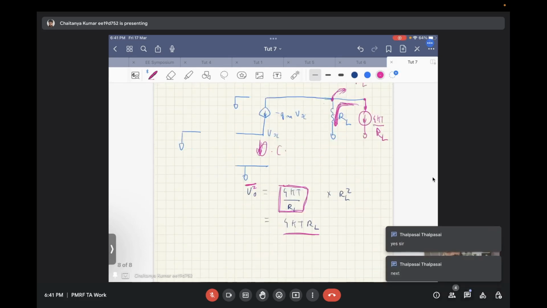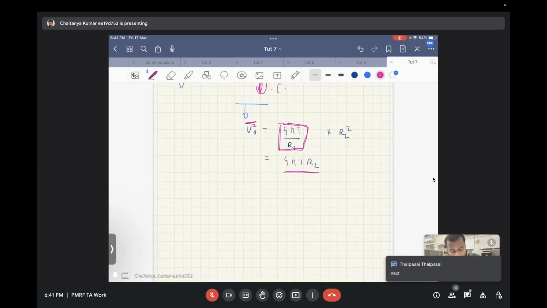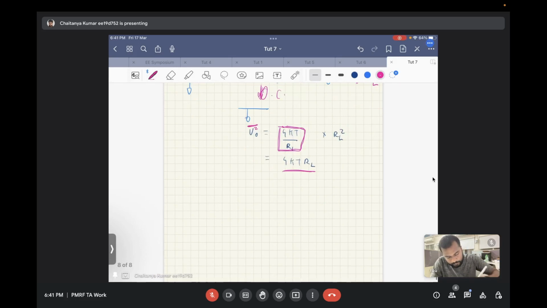Understood. So now the last is the noise from cascode. So noise from cascode, how are we to proceed for that?